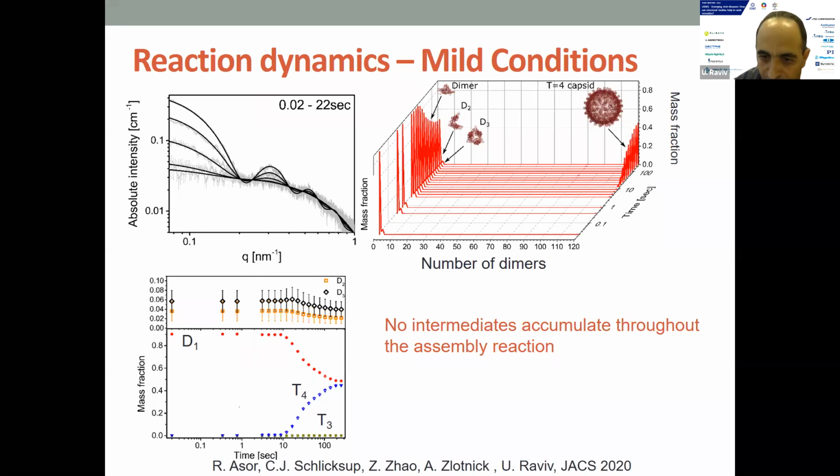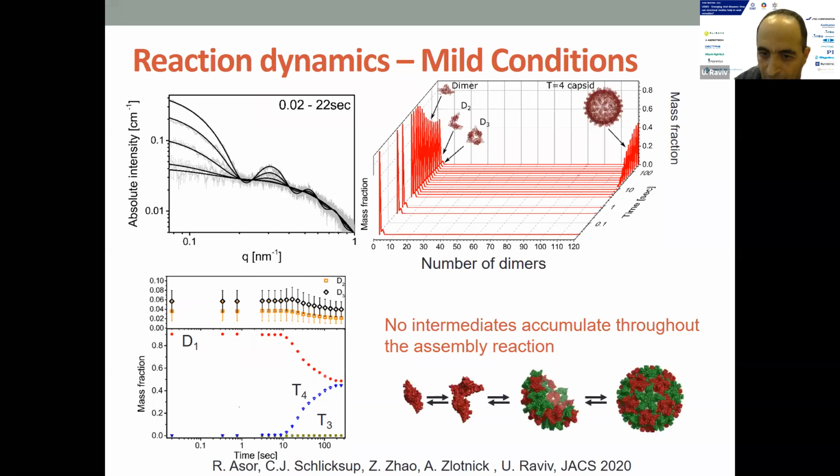This is very different from the state where the aggressive conditions occur. So we go through a very narrow path here, from dimer all the way to the full capsid. And this goes through very compacted states, as I'll show you later when we take into account the energy landscape.